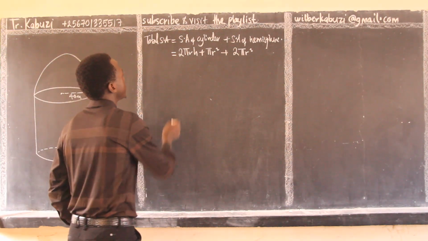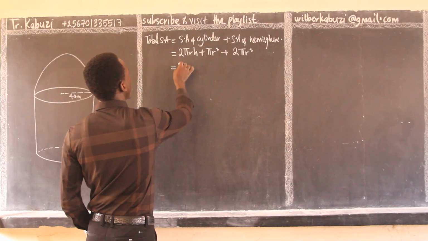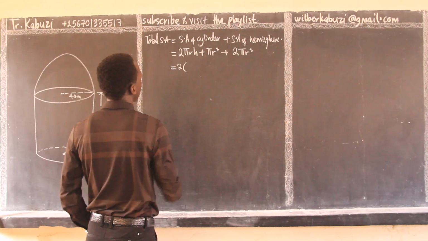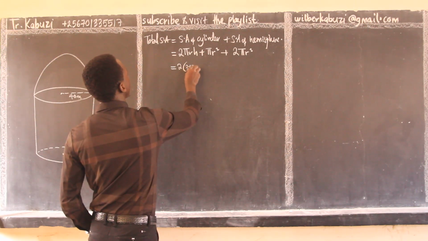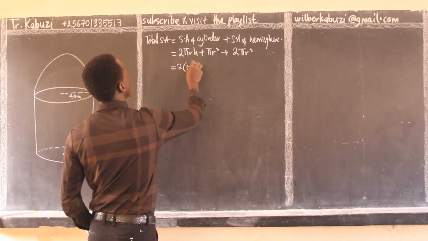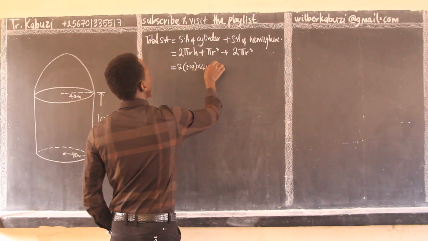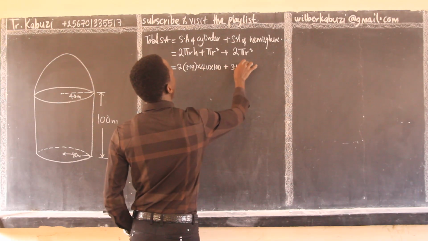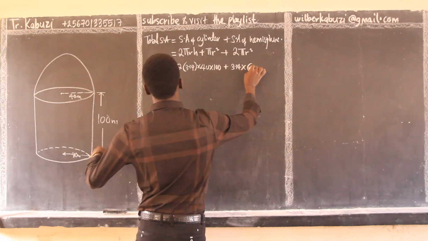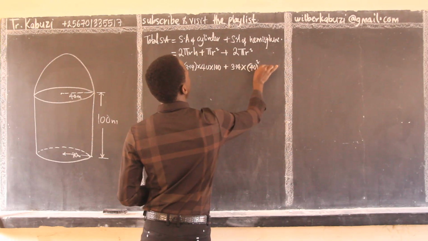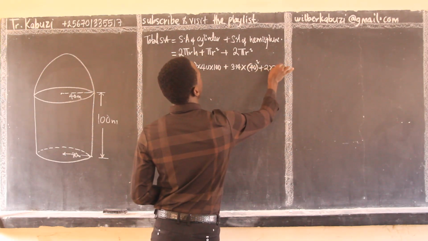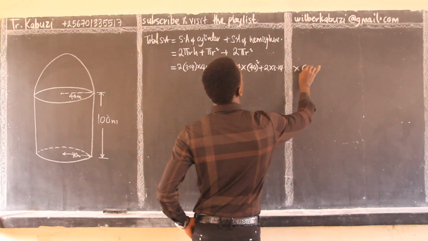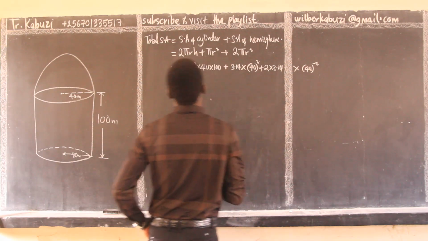So just substitute. We have 2 times 3.14 times the radius, which is 40, times the height, which is 100, plus 3.14 times the radius, which is 40, squared, plus 2 times 3.14 times our radius, which is 40 squared.